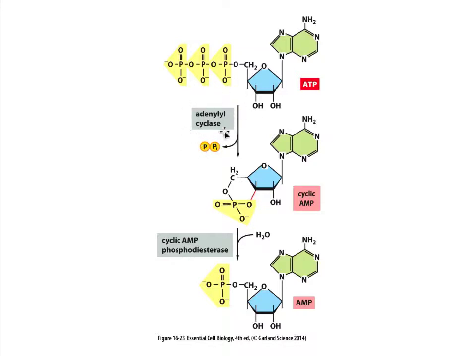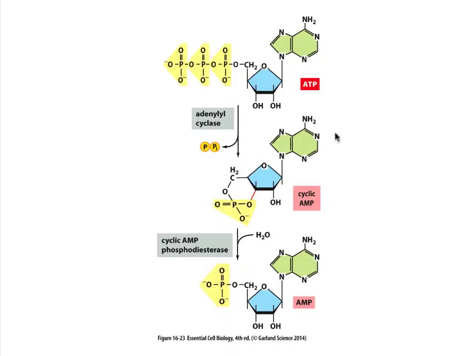And that's exactly what happens if this enzyme here, and this is the main enzyme, adenyl cyclase, if this enzyme is activated, then the phosphate bond is broken here straight away, and this oxygen is connected to this carbon down here. And you end up with this cyclic structure.